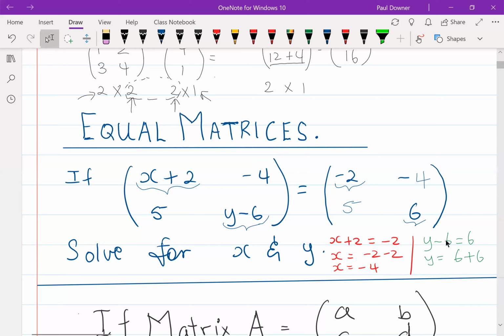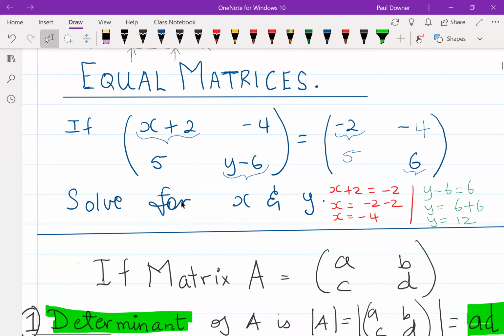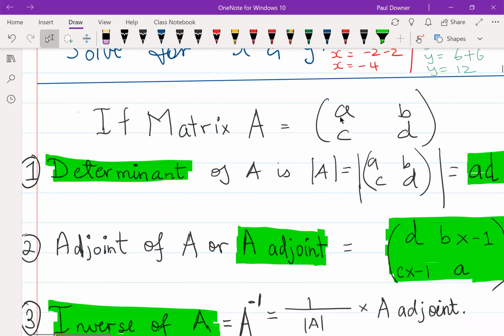Or some people say bring the -6 over and change the sign. So that is saying to us that y must be equal to 12. Good? So we were able to solve for x and y, utilizing the fact that corresponding elements must be equal if the matrices are equal. All right, so you can use that pattern for equal matrices if you have to solve.